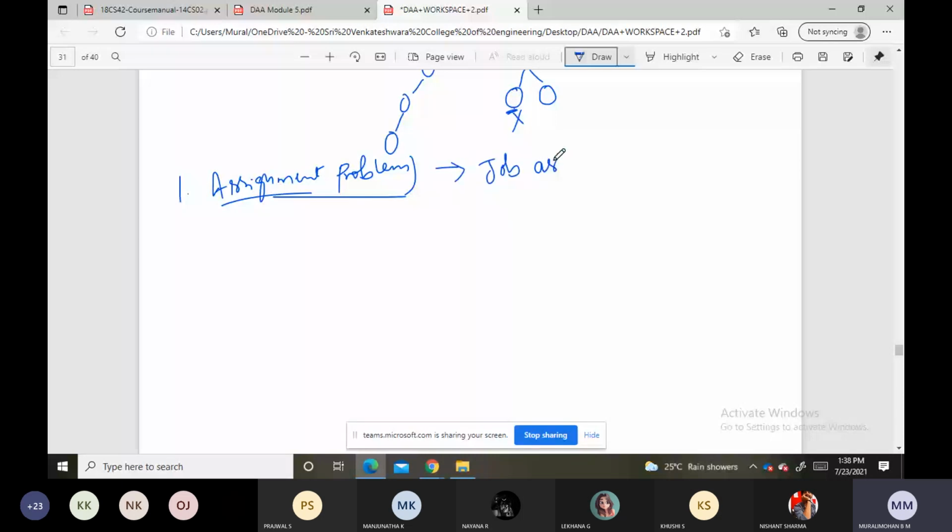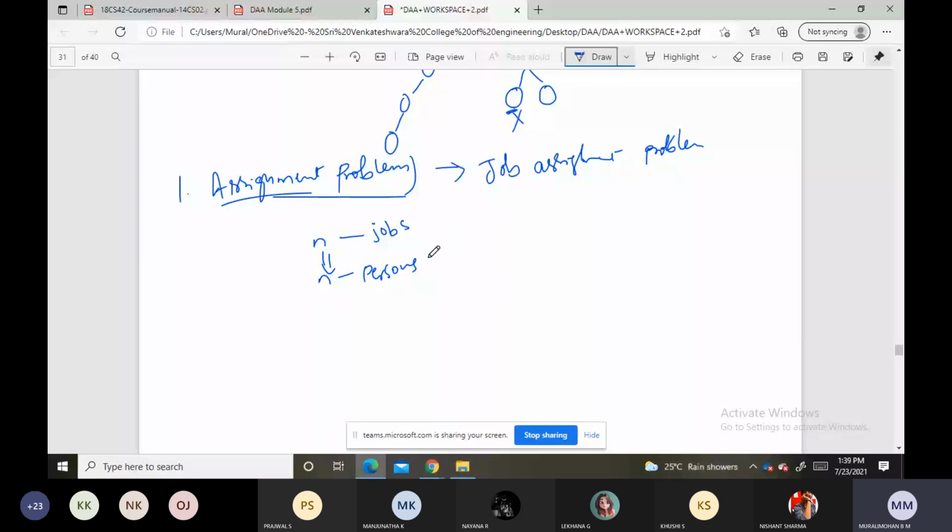Kindly remember, anything can be asked in the question. Here we are given n jobs and n persons. We should assign these jobs to the n persons, such that each person will get one job.